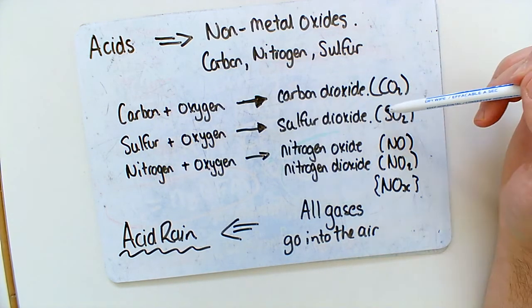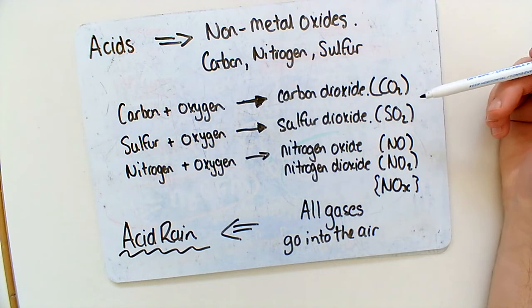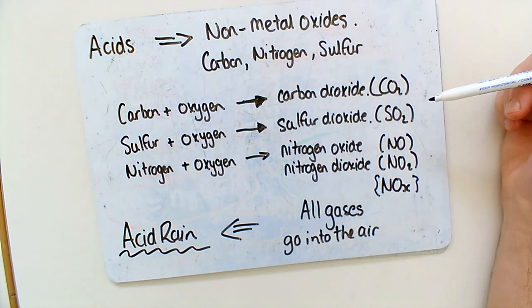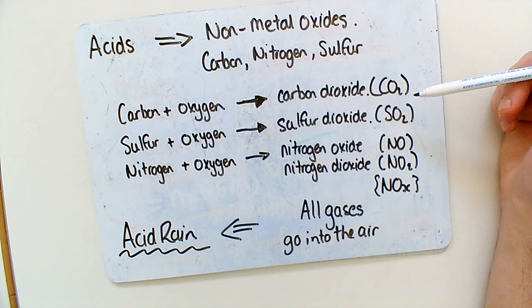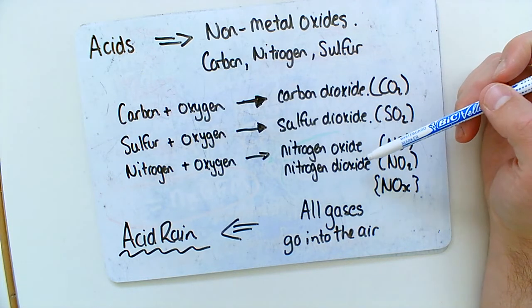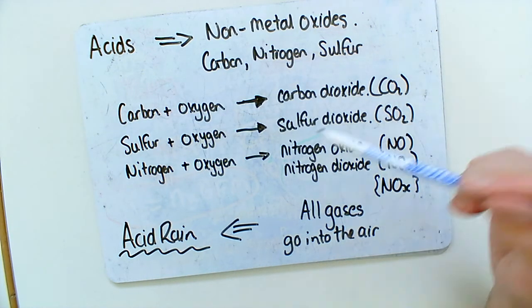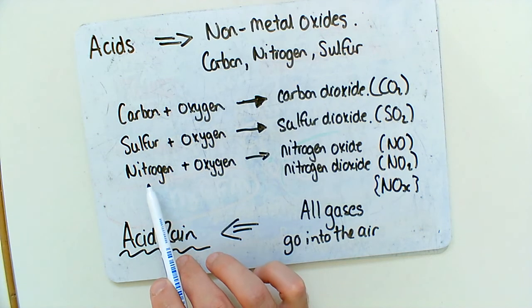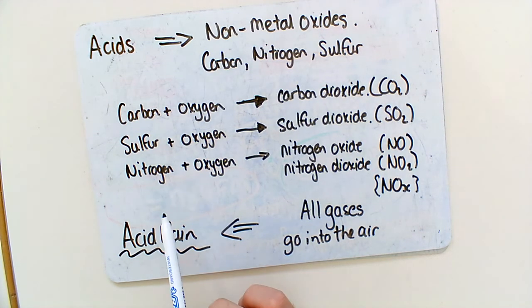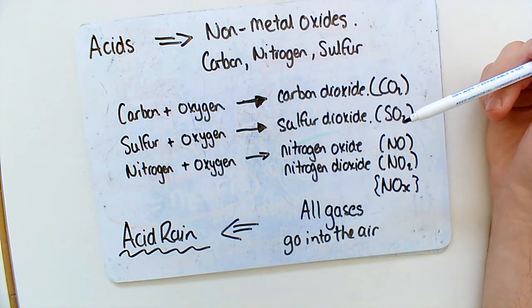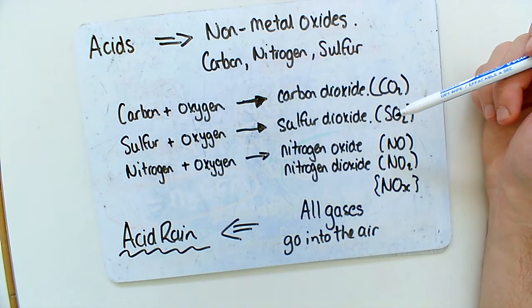Now, sulfur dioxide produced from volcanoes, we can't really do much about that. Carbon dioxide produced from humans, we can't really do much about that. And nitrogen dioxide, which can be produced when lightning strikes some oxygen and nitrogen in the air and makes them react, we can't do anything about that. What we can do is stop these from getting into the air from activities that we have control over.